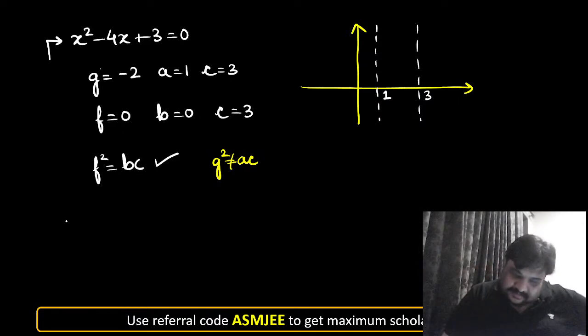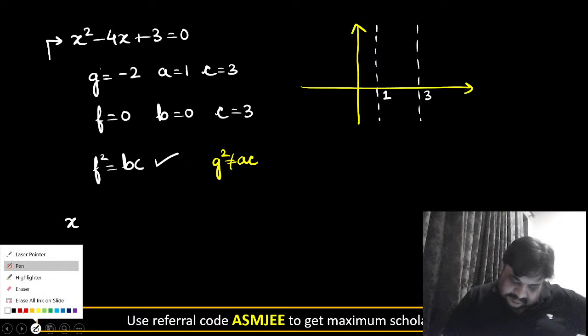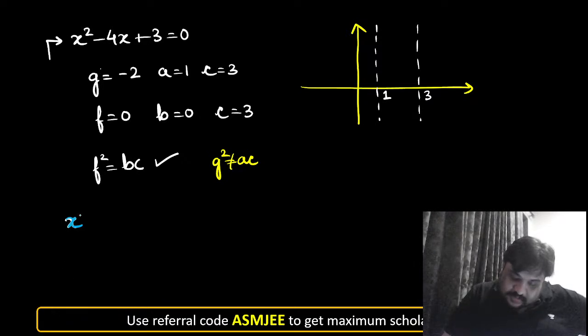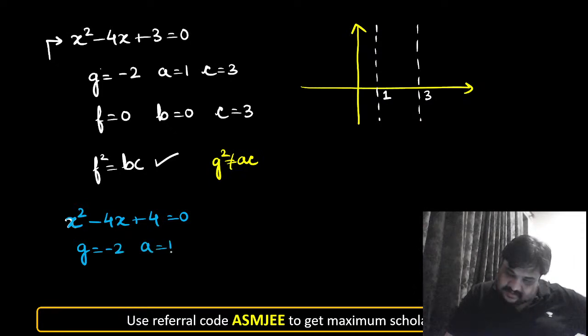Now look at this one. Most of the books have made this error. They feel that only one of them is enough. That is not true. Look at this now. Here G is -2, A is 1, and C is 4. F is 0, B is 0, and C is 4.